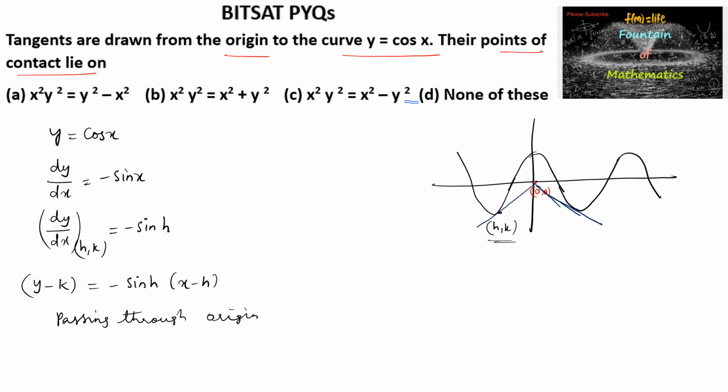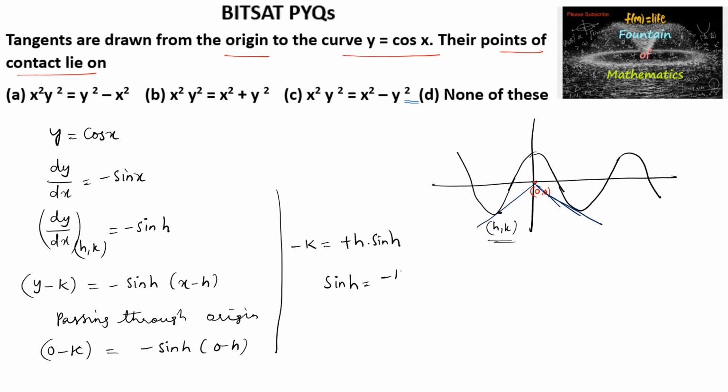So we can substitute y is equal to 0: minus k is equal to minus sin h into 0 minus h, that is minus k is equal to h into sin h, or we can write sin h is equal to minus k upon h.